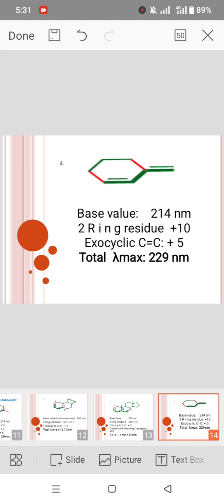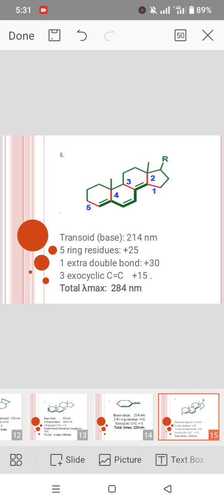So I have to add 10, because each ring residue carries 5. If I have two ring residues, I multiply 2 by 5 and get 10. Then you can see I have an exocyclic carbon-carbon double bond, again add 5. So the total lambda max for this diene is 229 nanometer.